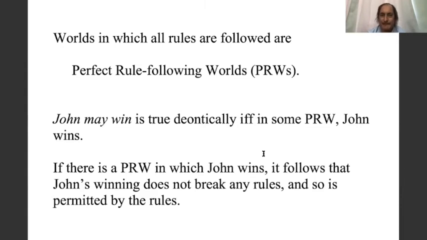Okay? And we'll connect that to the intuition as follows. If there's a perfect rule following world in which John wins, it follows that John's winning does not break any rules. It follows the rules. And so it's permitted by the rules.